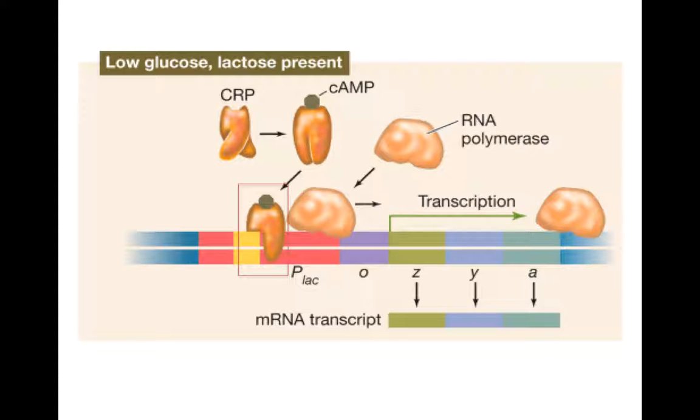Without cAMP, CRP can't bind to the promoter, and the beta-galactosidase gene, lacZ, isn't transcribed effectively. This means that in all cases, the answers to part D would be no without the presence of cAMP. You're not going to get significant transcription of the genes if there's no cAMP available.